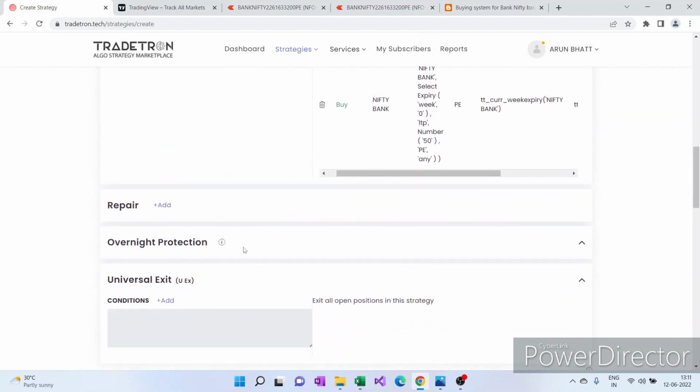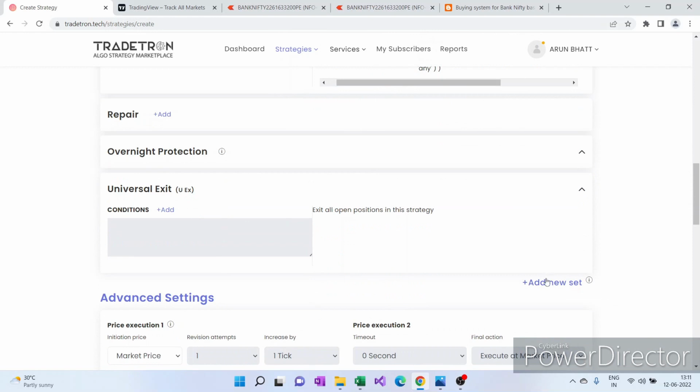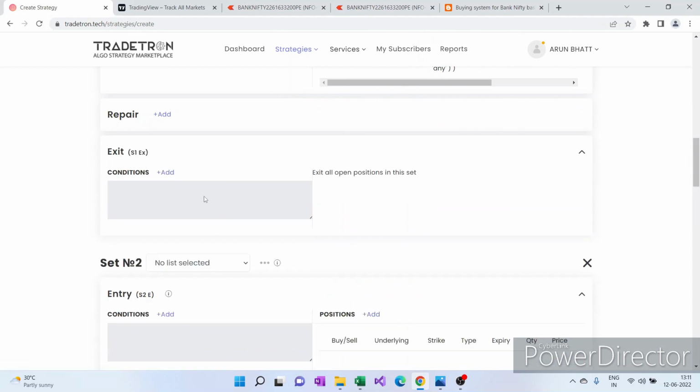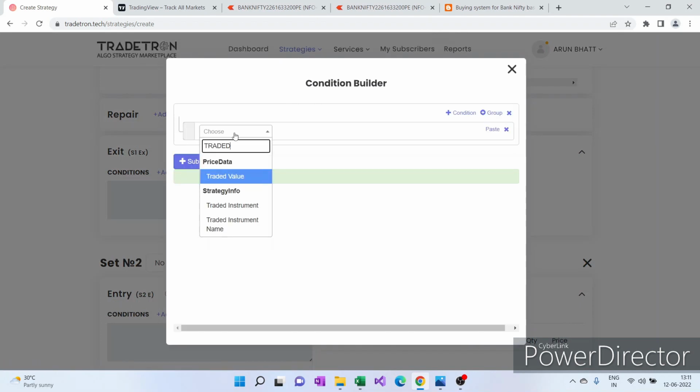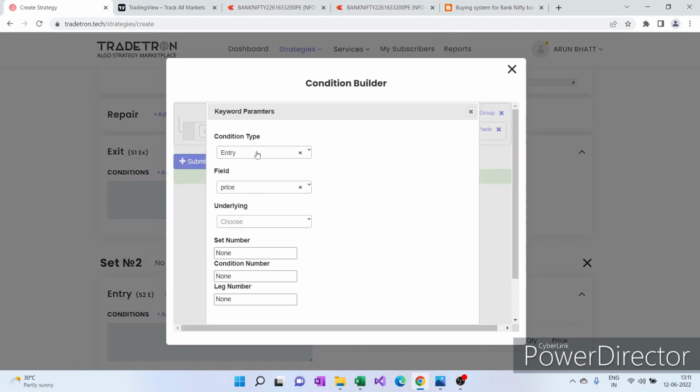Before we can get the exit condition for a set, we have to add a new set. So let's add a new set. It will introduce this exit condition. I'll be saying that if I've already traded the entry instrument for leg 1 and leg 2, then exit them. As soon as it takes the buy position in PE and CE and that is completed, it will exit them. So here I'm putting this: set is 1, condition entry is 1.